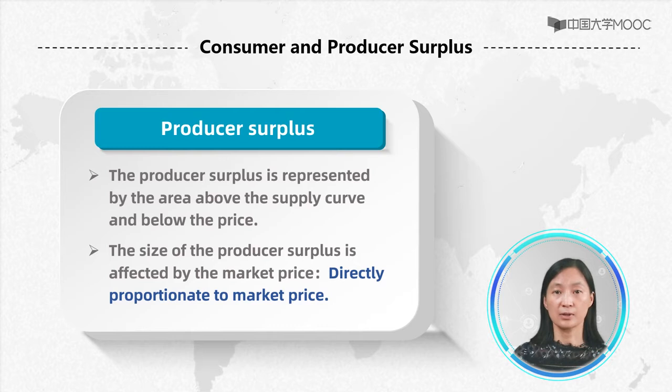The size of the producer surplus is also affected by the market price. A decrease in the market price will lead to a decrease in the quantity supplied and a smaller producer surplus. Conversely, a higher market price will enlarge the quantity supplied and the producer surplus.